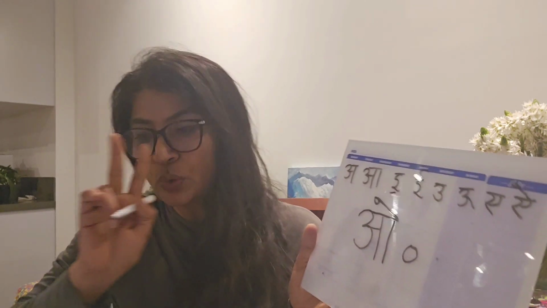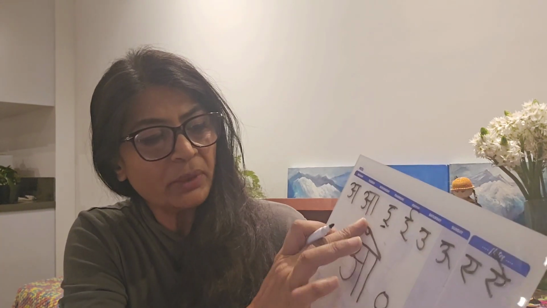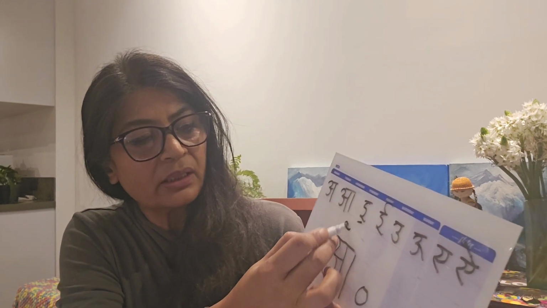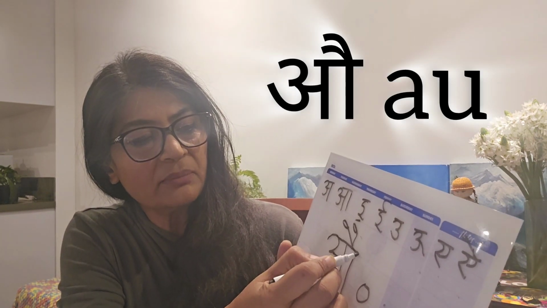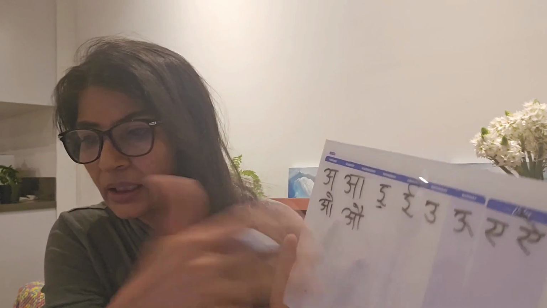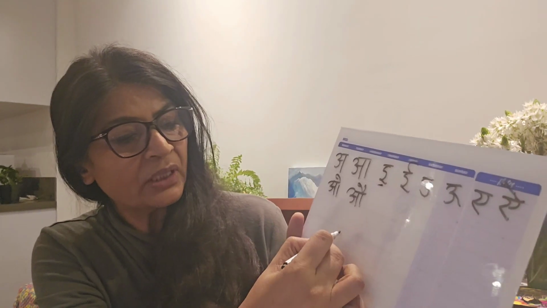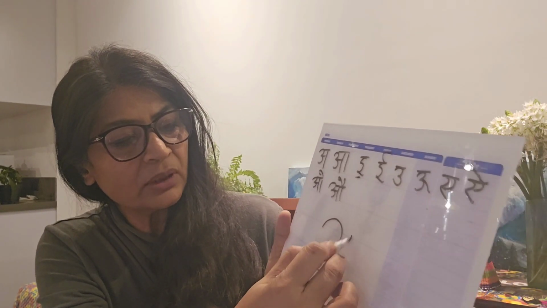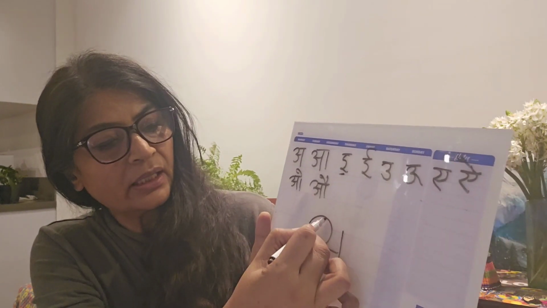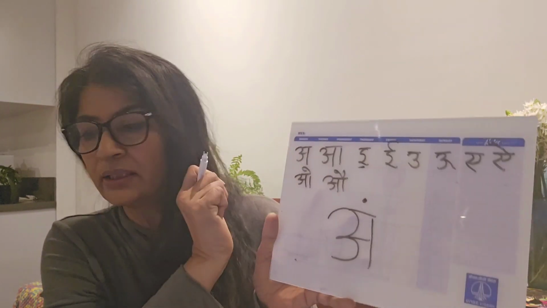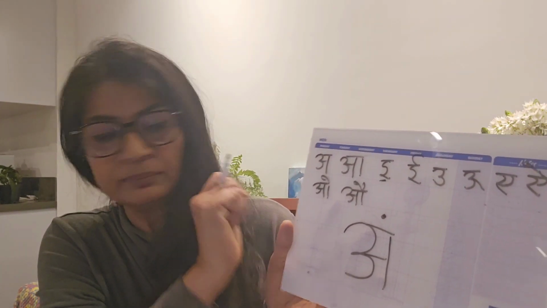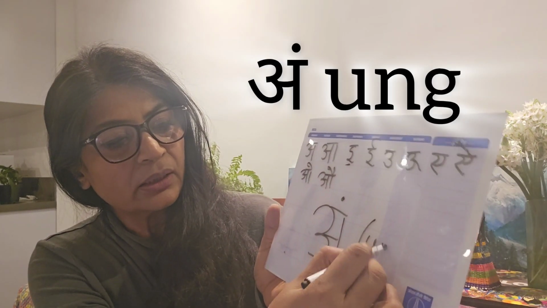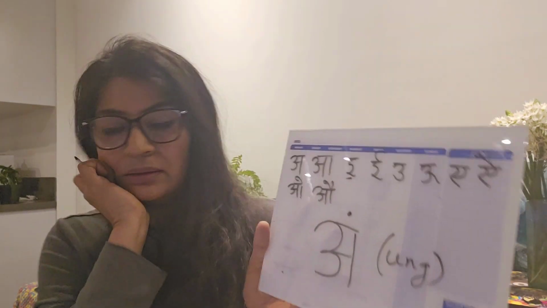If you make two of them, it becomes O. Very, very easy. You do the same here. You put a dot here, it becomes ang. Ang. Aha.